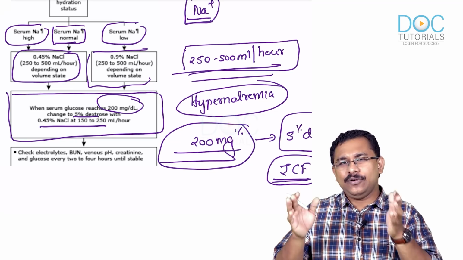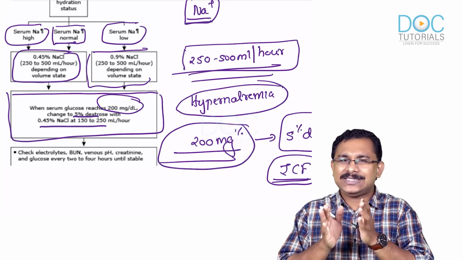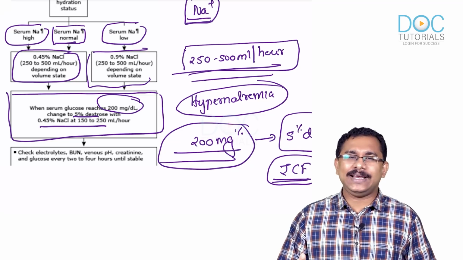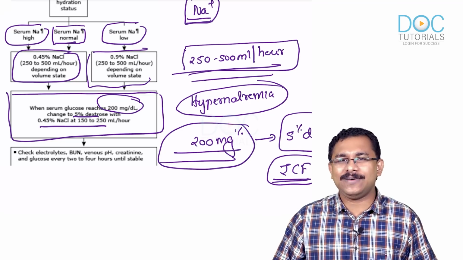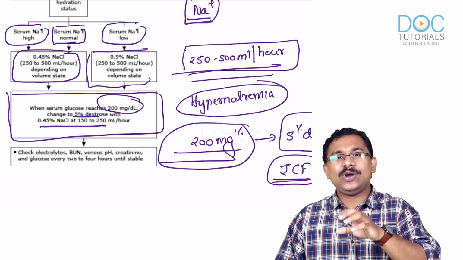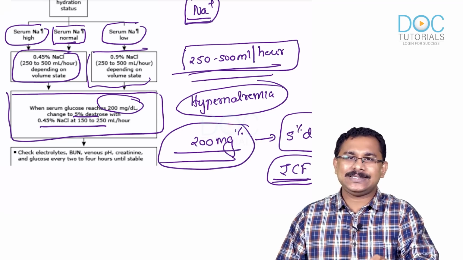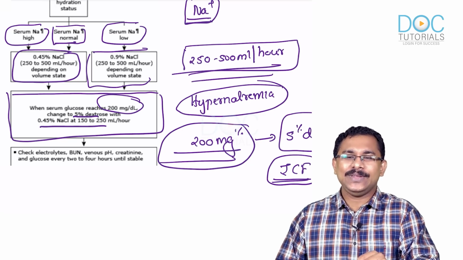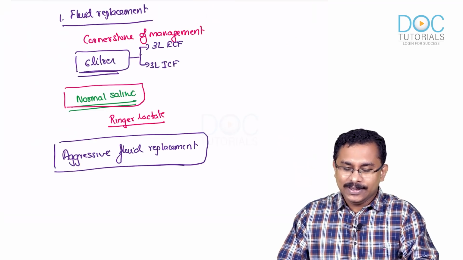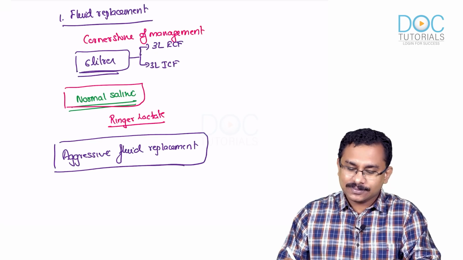If at the time of clinical assessment you feel that he still looks dehydrated, you can continue maybe your half normal saline at this 250 ml per hour rate. So that can be continued. So this is how you would manage the fluid status in a patient with diabetic ketoacidosis. Remember, fluid replacement is the cornerstone of management of DKA.